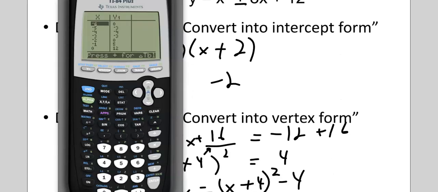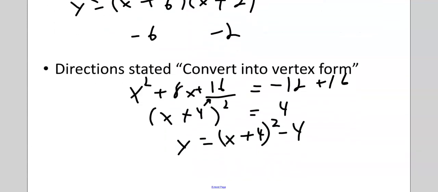Right there at negative 4, negative 4. Well, remember, this can be written as x minus negative 4 squared minus 4. So we saw the vertex was at negative 4, negative 4. There we go. That's how you do it.